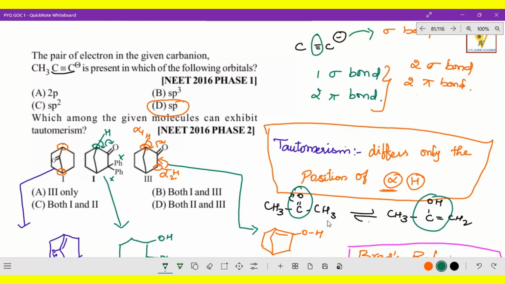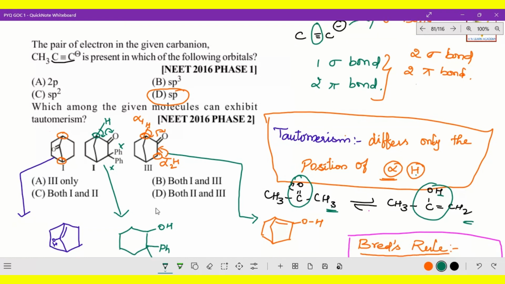So this is the keto form and this is the enol form. So this is keto-enol tautomerism. See now, how many hydrogens are available? See, it differs only in the position of the alpha hydrogen. Where is the position of the alpha hydrogen? See now here, the double bond O is there, so the alpha hydrogen is here. Whereas here, where has the alpha hydrogen gone? So in this way, we can identify. Now come on, let us check with this compound.